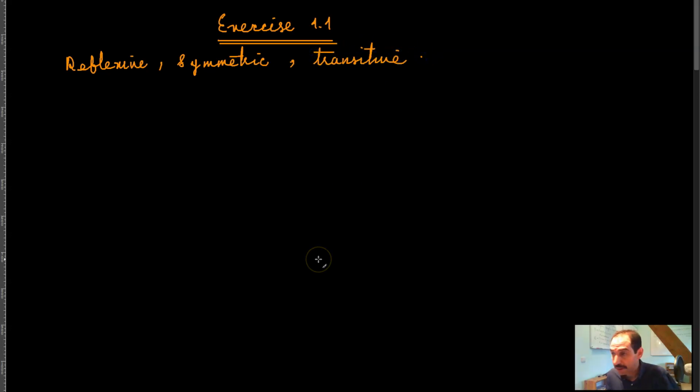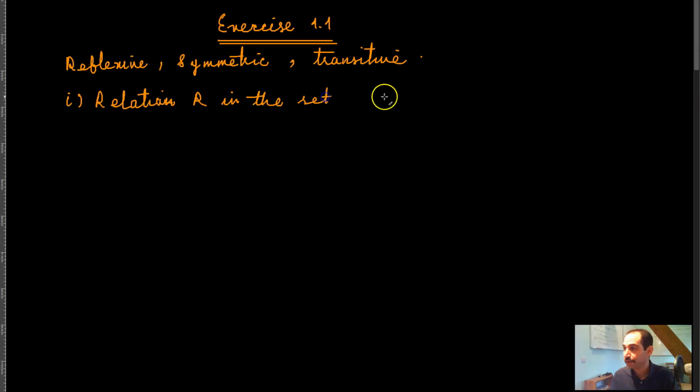Right. Now, part 1 of this question is you have a relation R in the set A equal to 1, 2, 3, and all the way up to 13 and 14.